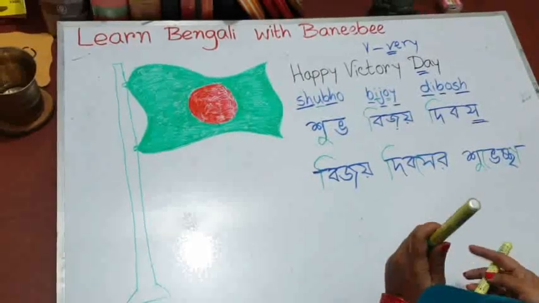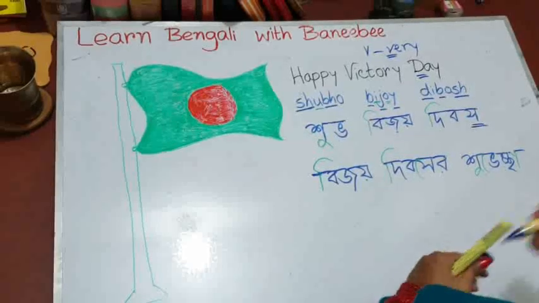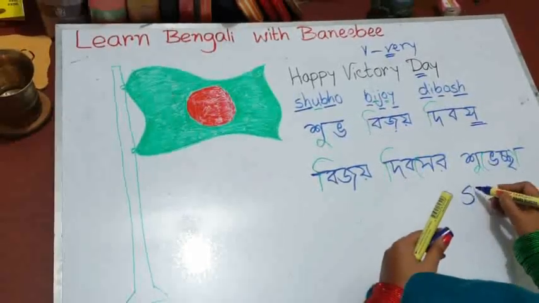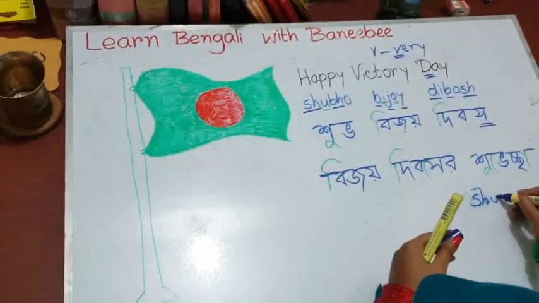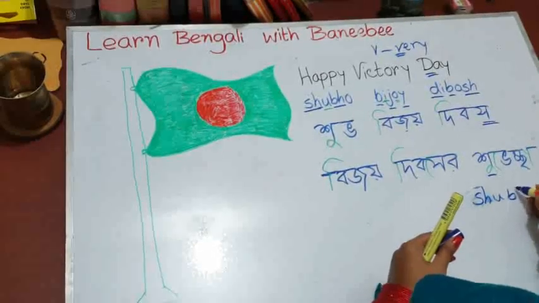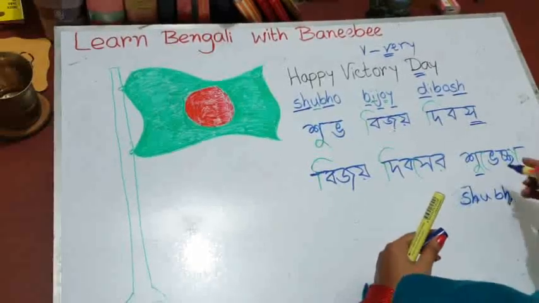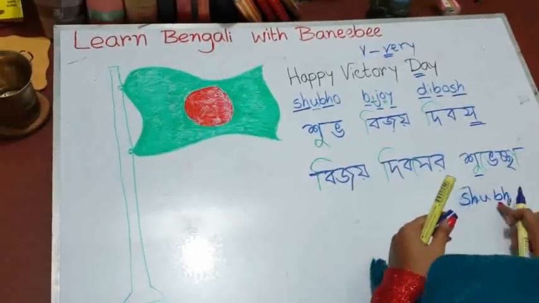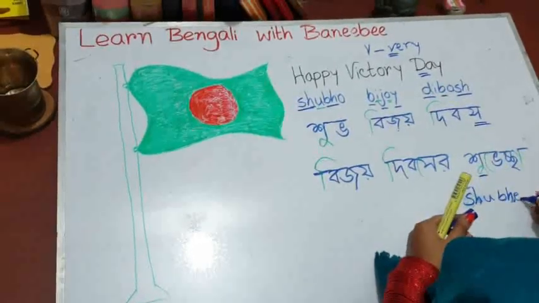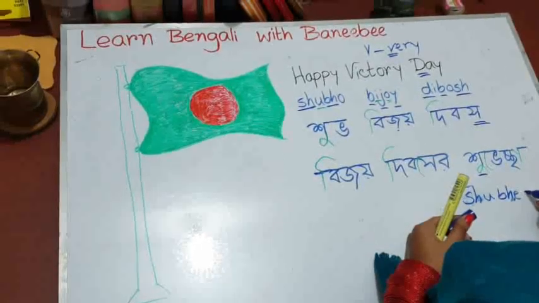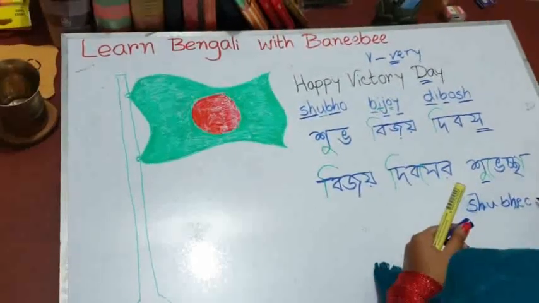So let's try to understand what is here. This is Sha, and this is of course the U, then the BH, and this is the A. Okay, so shu, bhe, and this is the cha sound, which is actually TCH.